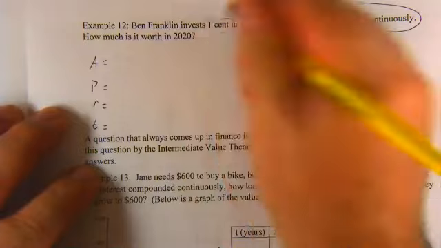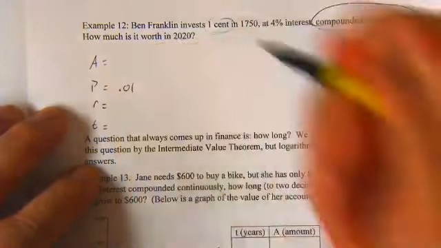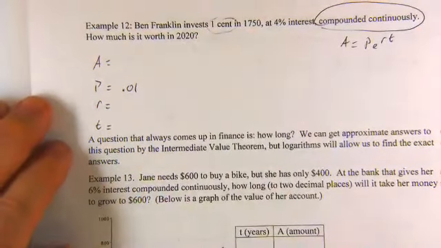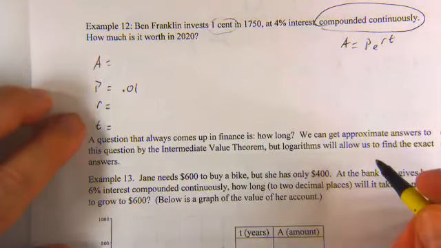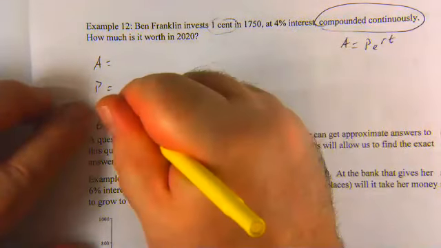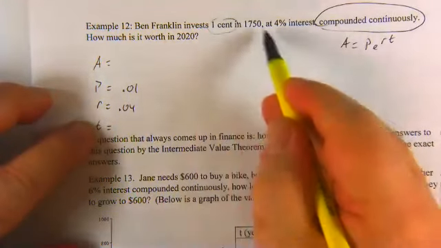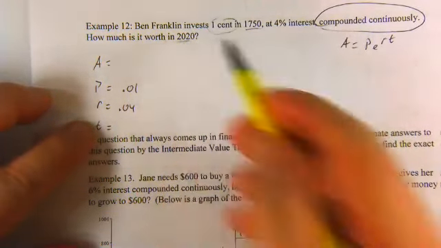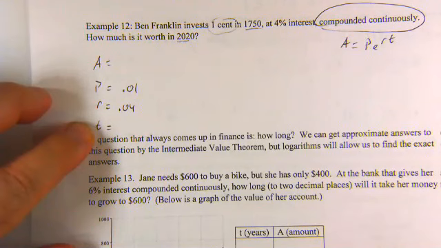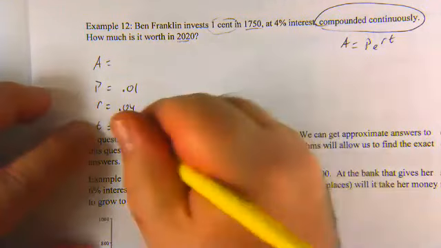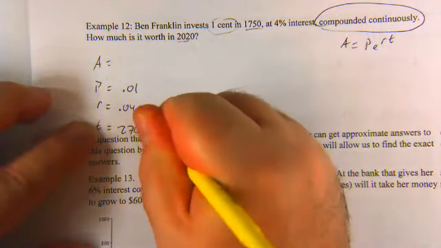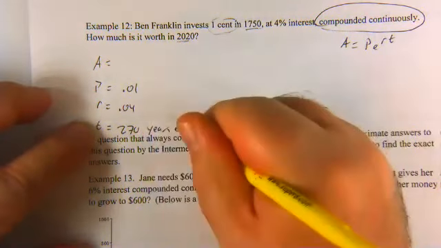How much you invest, 1 cent, so 0.01, because that's 1/100th of a dollar. Interest rate is 0.04, because remember that has to be a decimal. Time: he invested it in 1750, it's now 2020, so 270 years. Time is always in years.